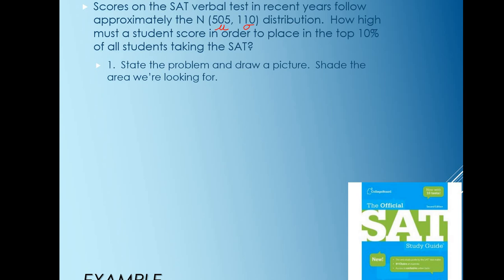So first, we're going to just draw a picture here. We've got the normal curve, and we've got the mean, 500. And we want the top 10%, so something over here.